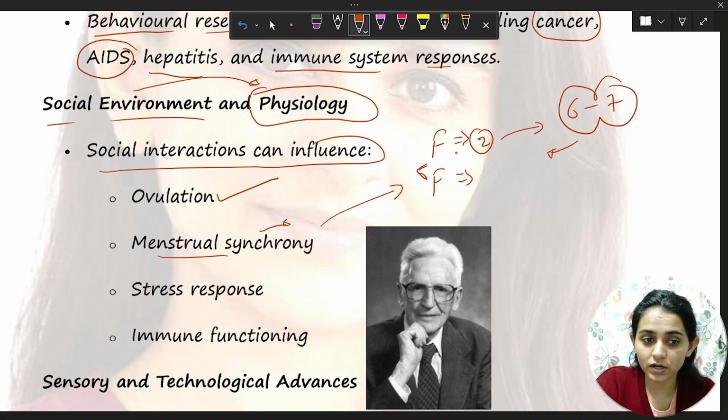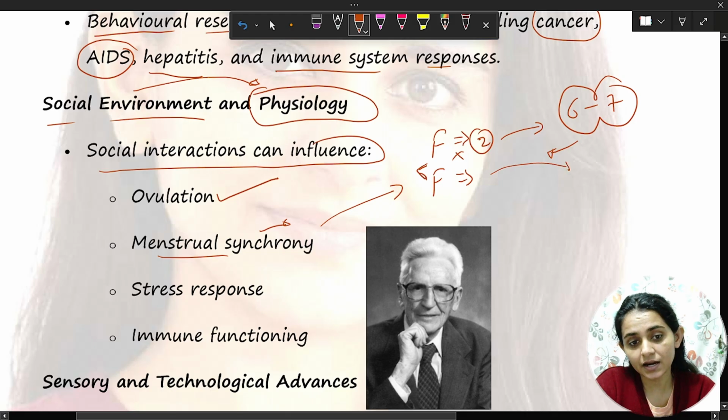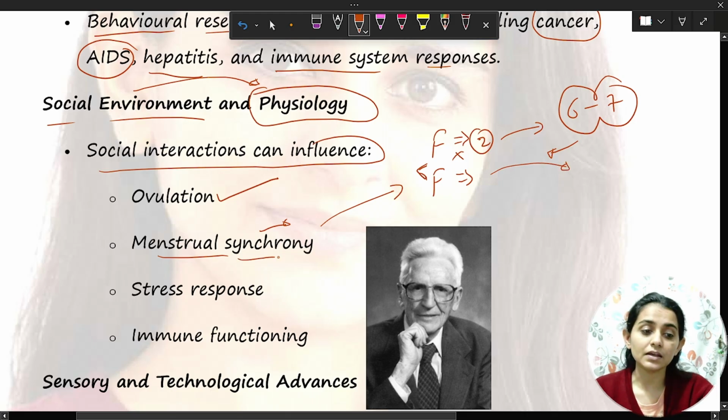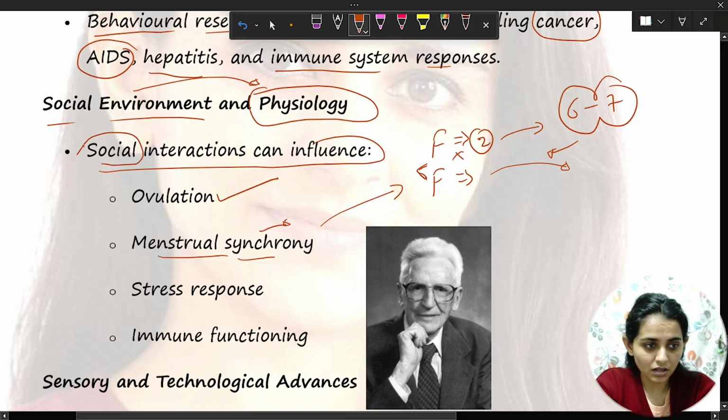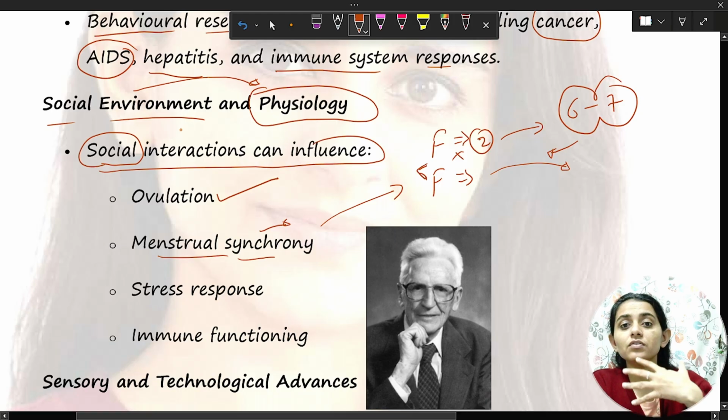If they are not synchronized right now, they will get synchronized in upcoming months. That is how physiology is influenced by social interaction.